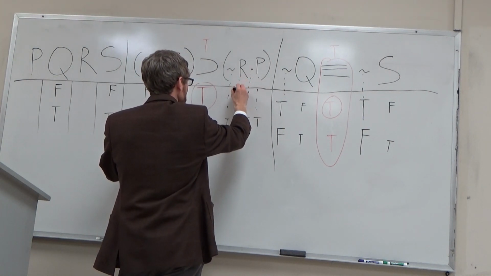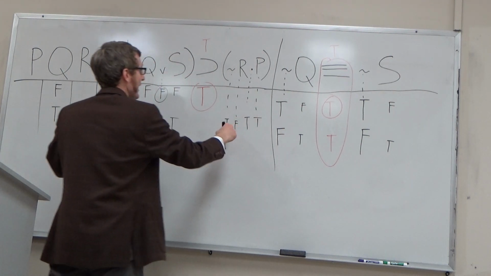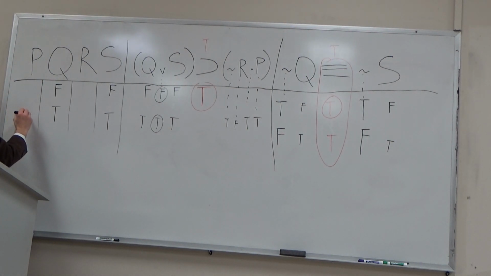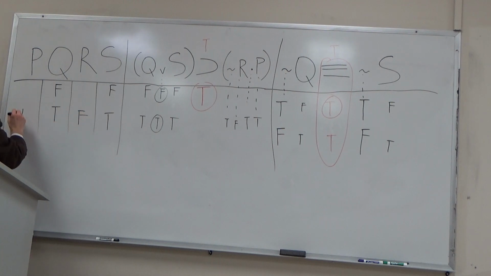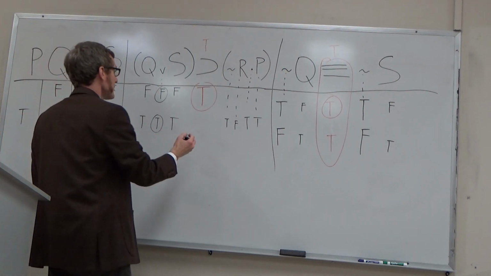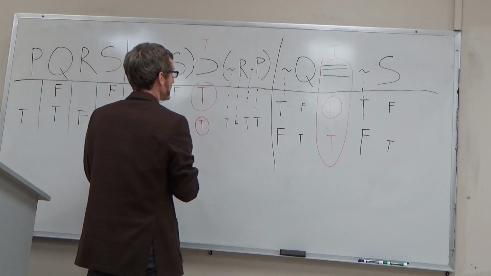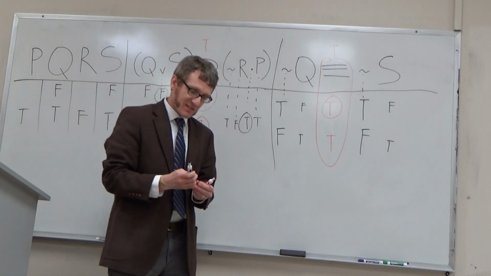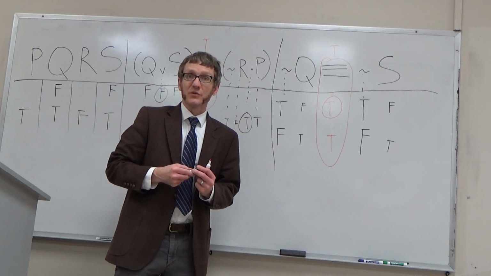And if not R is true, that means that R itself is false. But we can do that. So if we've got, let's see, R is false and P is true. And look, on this line of the truth table as well, we can make it come out true. So that's another line that shows the consistency of these two statements. But you only need one of those in order to do it.